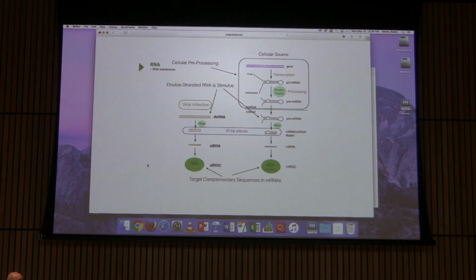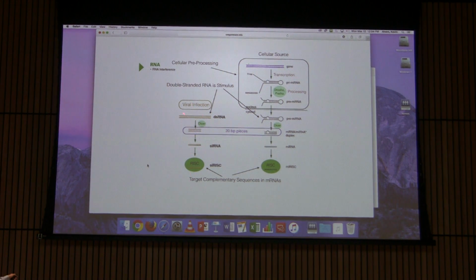And that single-stranded RNA is paired or sort of absorbed by this protein complex called RISC, R-I-S-C. We'll see on the next slide that RISC is very important in being able to control or to destroy the target virus.